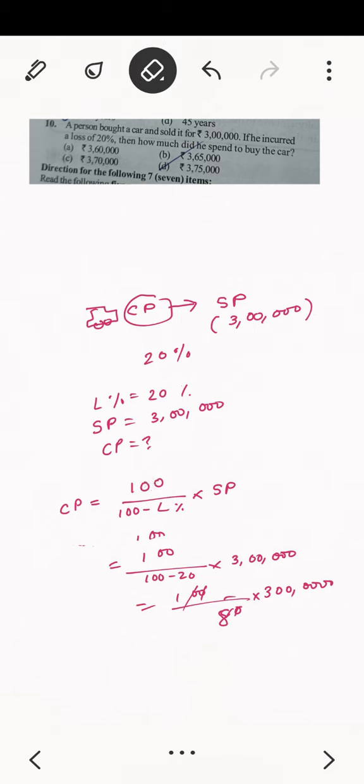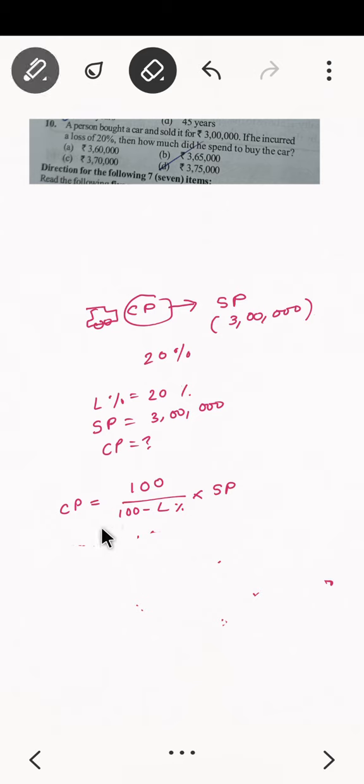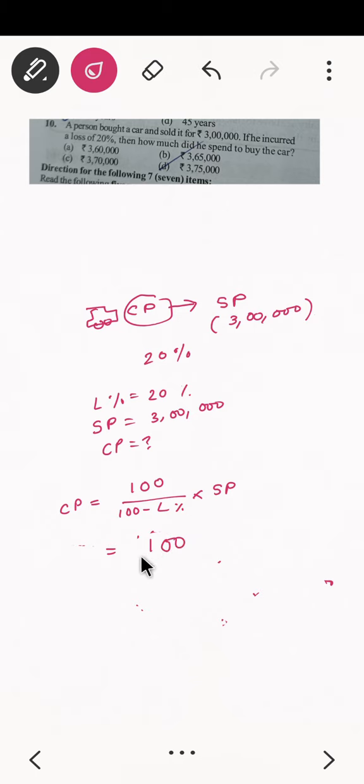I'll be doing the calculation in a bit more detail. So it is equal to 100 by 80, which is 100 minus 20, into 3 lakhs.